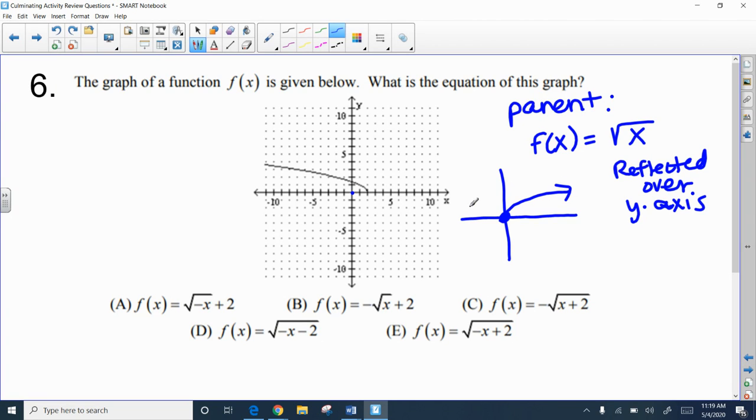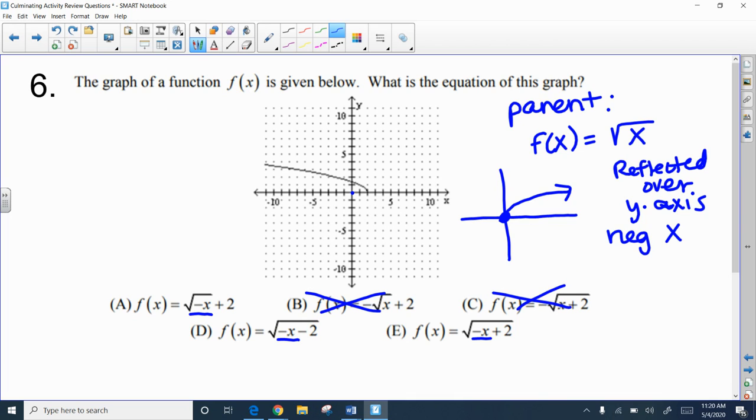It flips left to right, so it's affecting the x values. So that means there's going to be a negative in front of the x. So if I look at my choices, it could be this one, or this one. The negative is with the x. I know it's not choice B or C because on those ones, the negative is on the outside. So that's affecting the outputs and flipping it up and down.